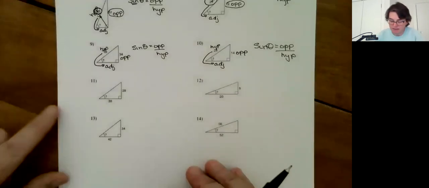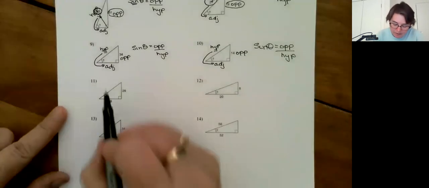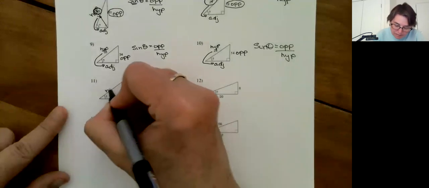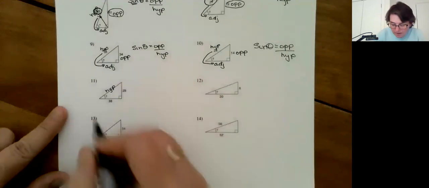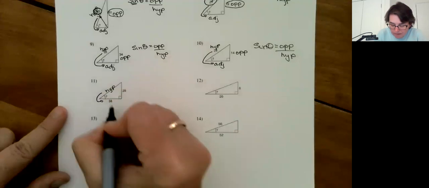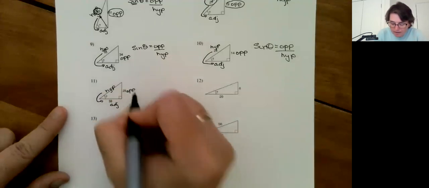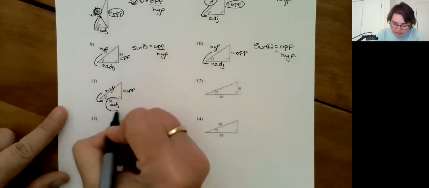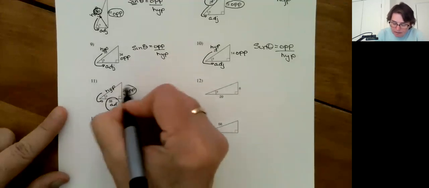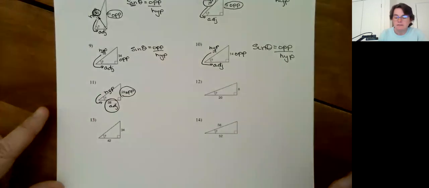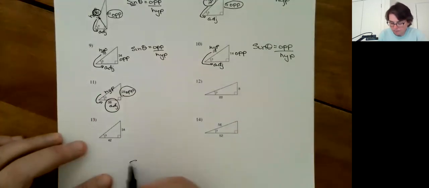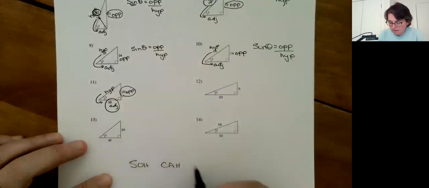Now it gets a little more interesting. All right, so there's my hypotenuse. Go around my corner. It's adjacent. Now in this one, I have adjacent and I have opposite. And if you go back, I'm going to write it down here: SOH, CAH, TOA.